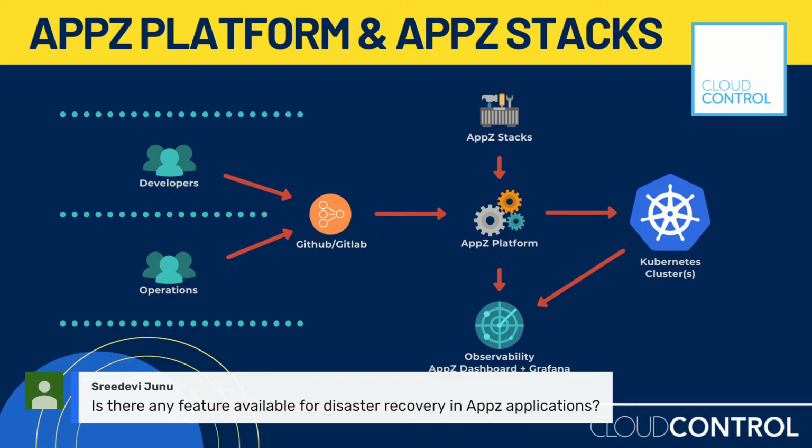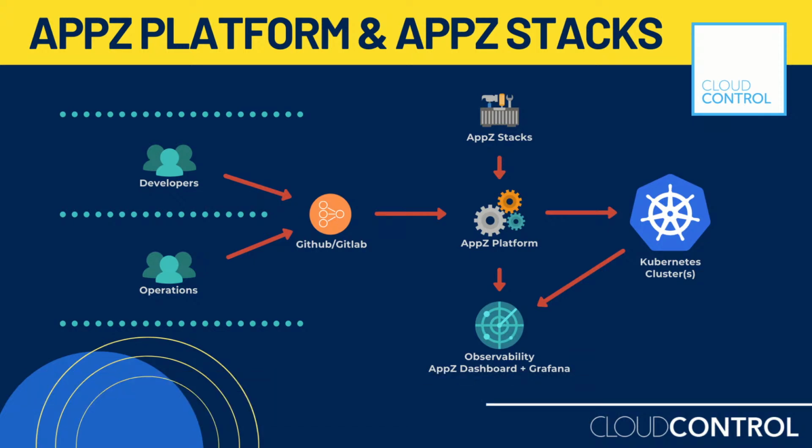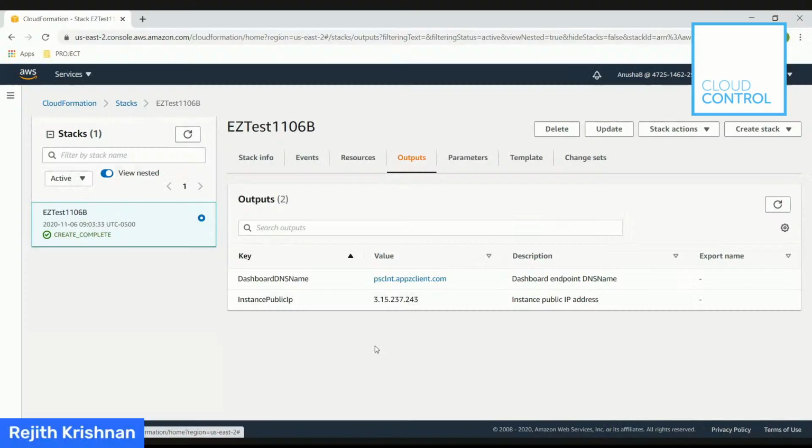Okay, so at this point, let's check with Anusha. So Anusha, where are we with the cluster creation? The cluster is created, and you can go to the dashboard, I think. Okay, so let me share your screen now. Okay, so Sanjeev, you want to walk us through this? Yes.